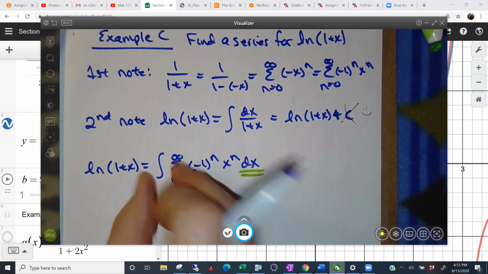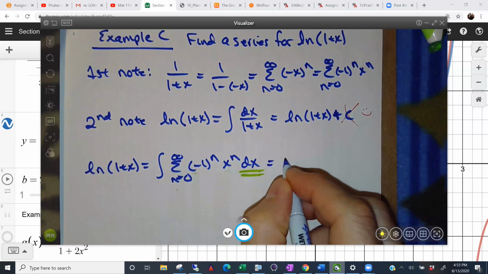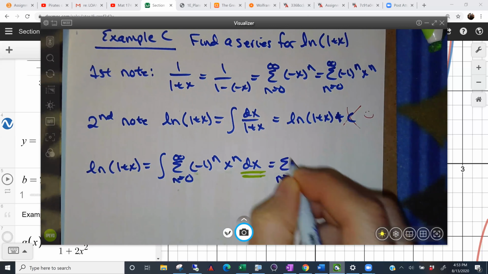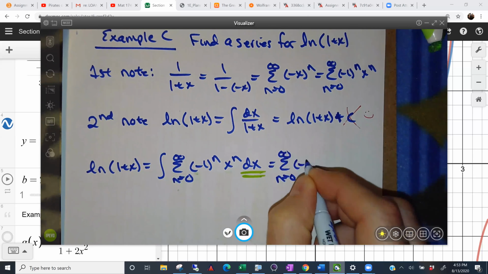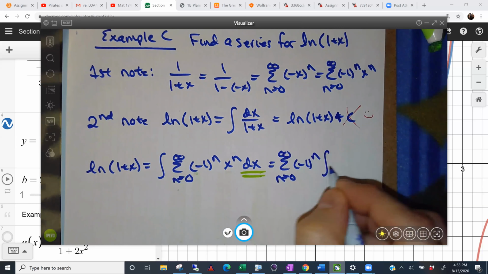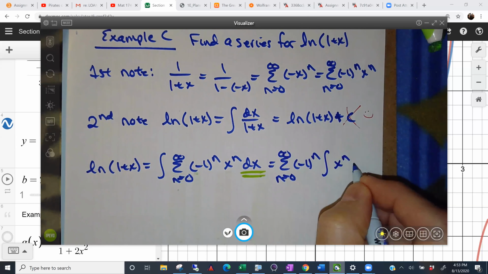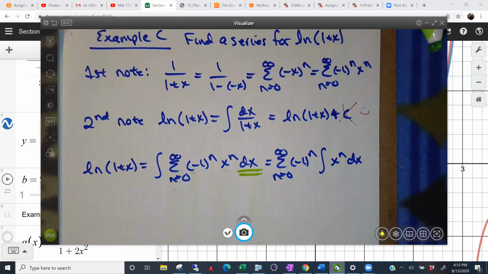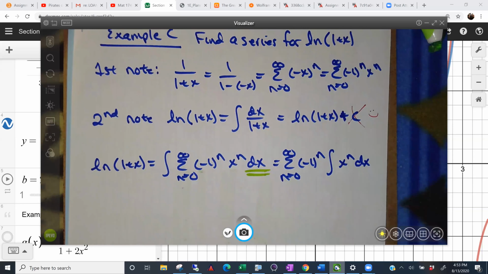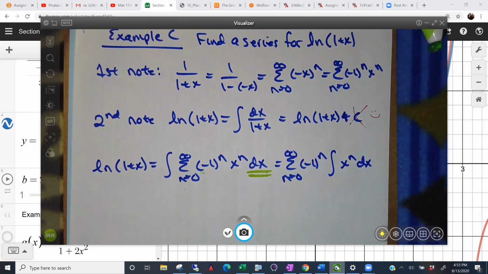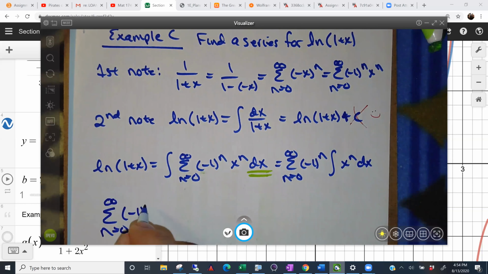So it's going to be the sum from n equals 0 to infinity of negative 1 to the n, the integral of x to the n dx. And that looks pretty doable. In fact, that's something you learned in Calc 1. Go ahead, jot down the answer before I write it, or pause the video and do the same.